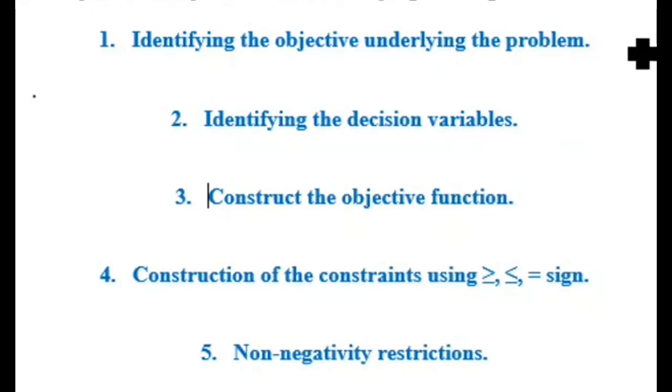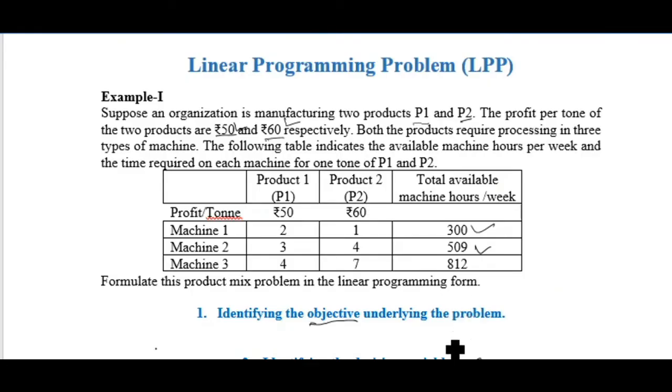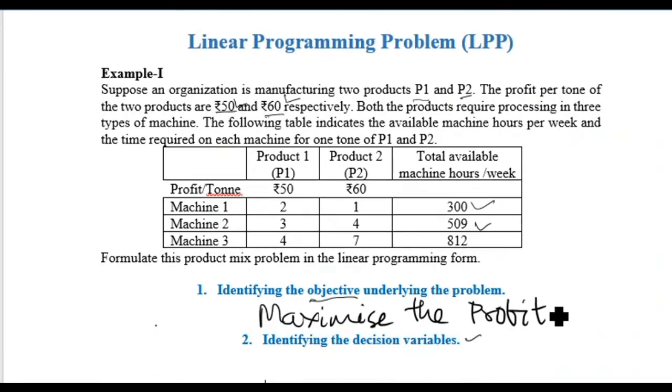So we have to follow these 5 steps. First, identify the objective. What is the objective over here? Maximize the profit of the two products. Next, identify the decision variables. What are the decision variables over here? We'll denote them with x, y, or x1, x2, whatever.